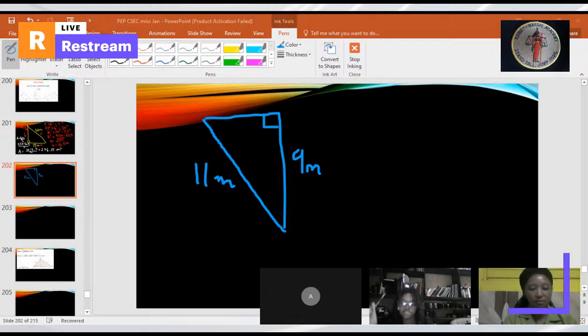So to find the base, we need to use Pythagoras' theorem, which states that c squared minus b squared is equal to a squared. So the base squared is equal to 11 squared minus 9 squared.